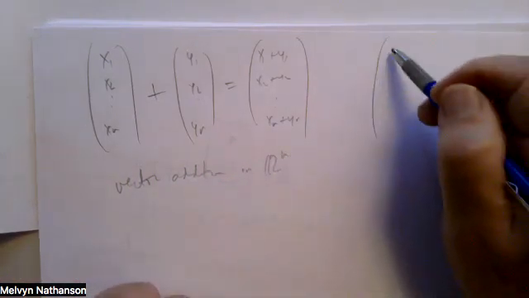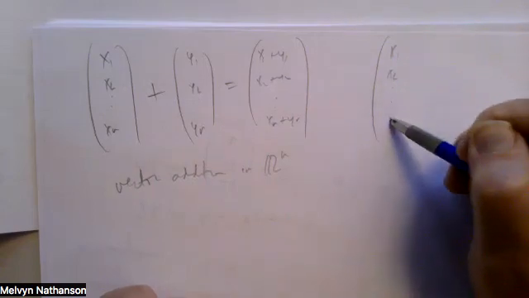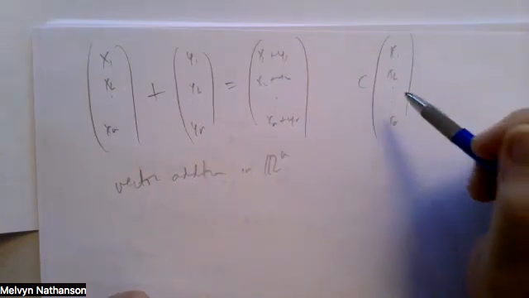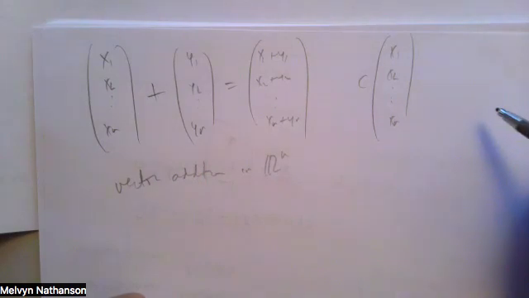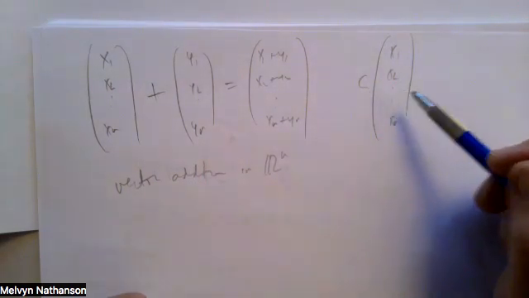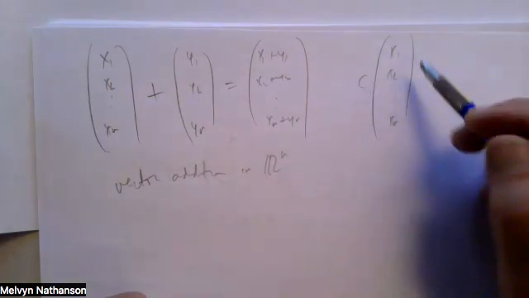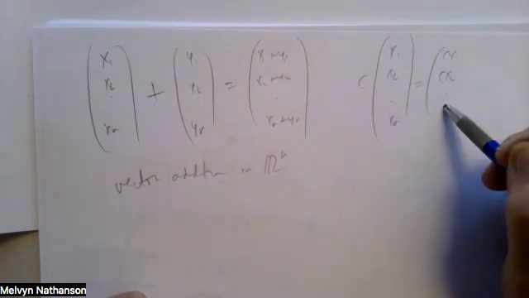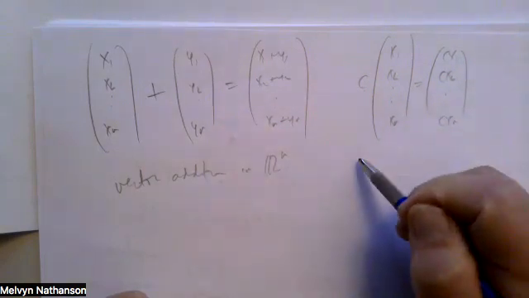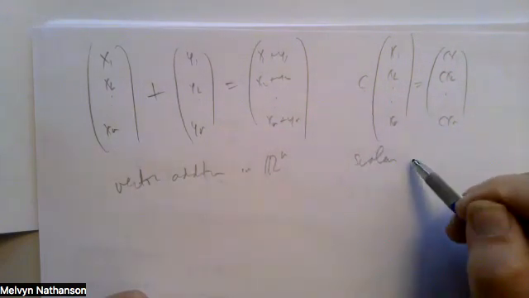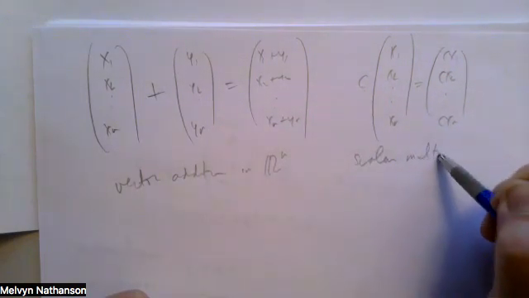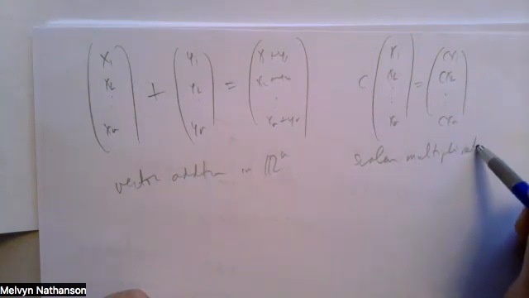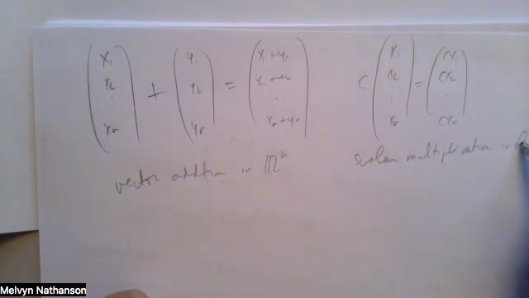And if you take a vector and you multiply it by a number c, and in linear algebra, a number is called a scalar, you multiply a vector by a scalar by multiplying every coordinate by the scalar. So this is an operation of scalar multiplication in Rn.